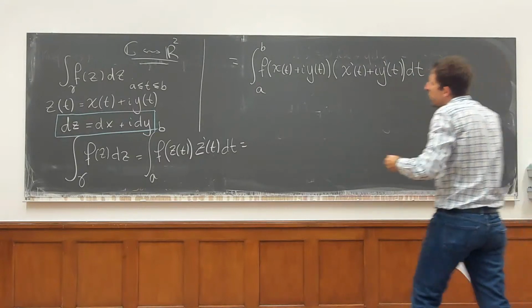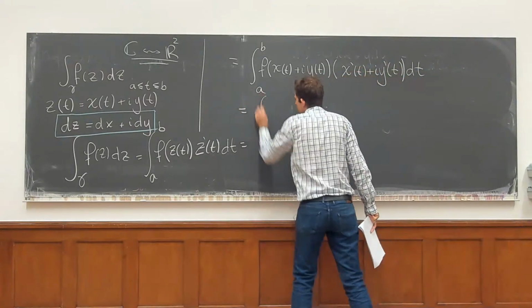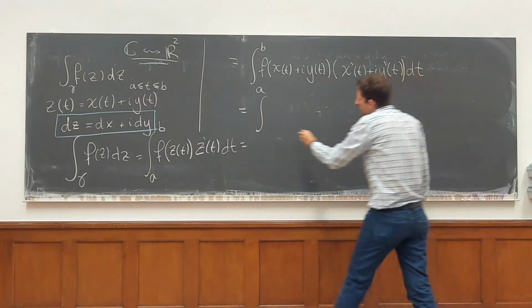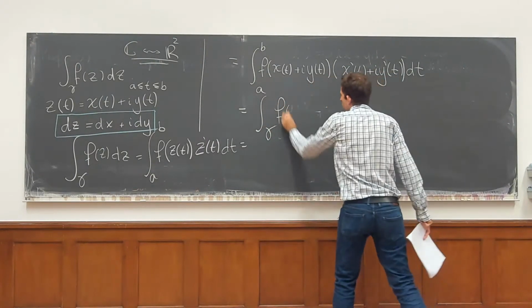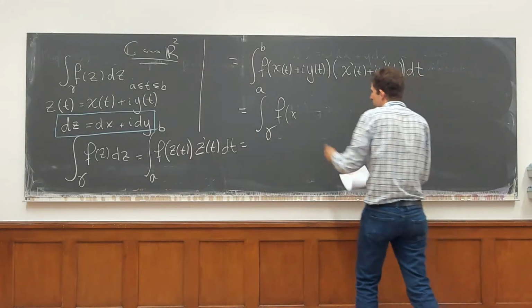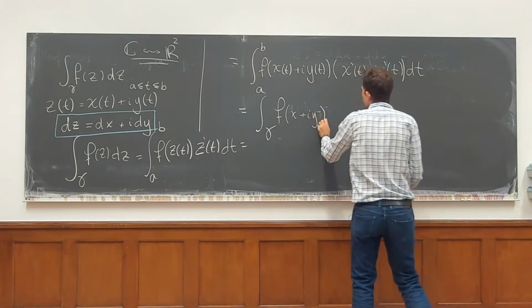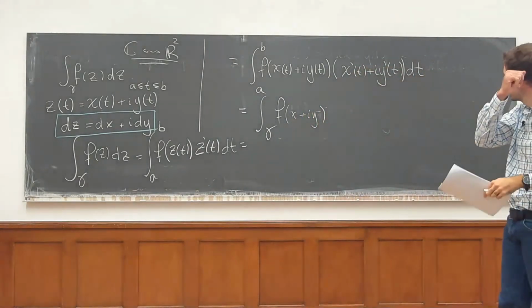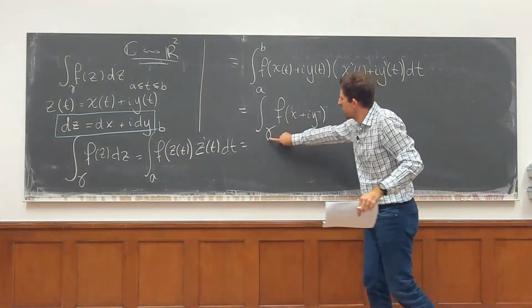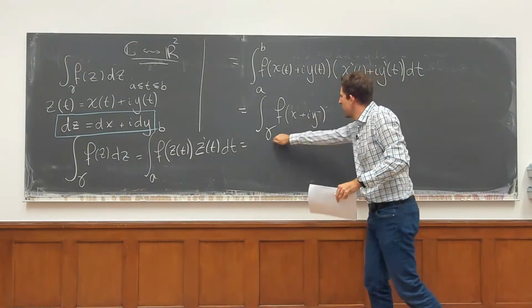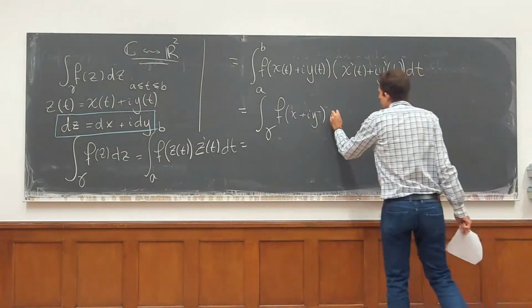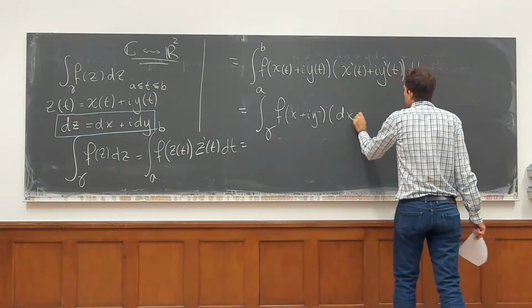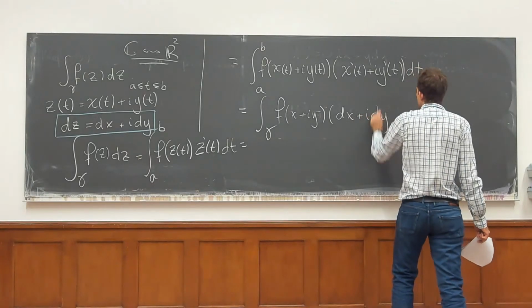But of course, if you see something like this, it's exactly the same as writing the integral over the curve of f(x plus i y), where I've stopped having the t's, x is the real part of gamma, y is the imaginary part of the curve, and then clearly just dx plus i dy.